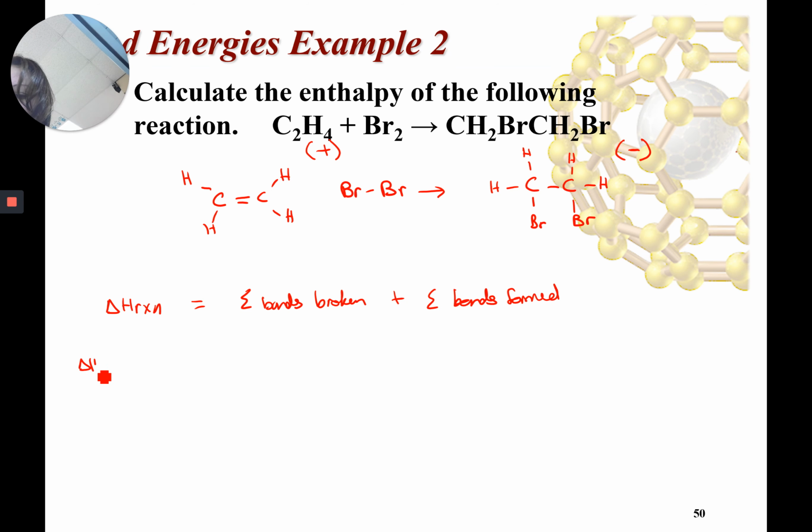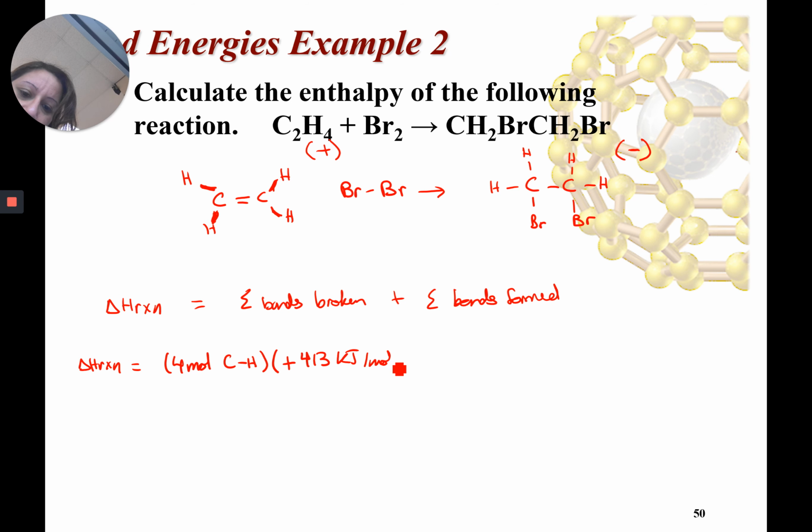So delta H of the reaction, let's start with CH single bond. So we have 1, 2, 3, 4. So 4 moles of the CH single bonds. And we're going to use positive value because it's in the reactants. And it's 413 kilojoules per mole.